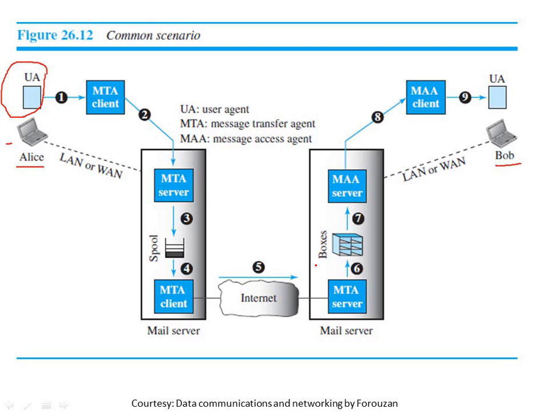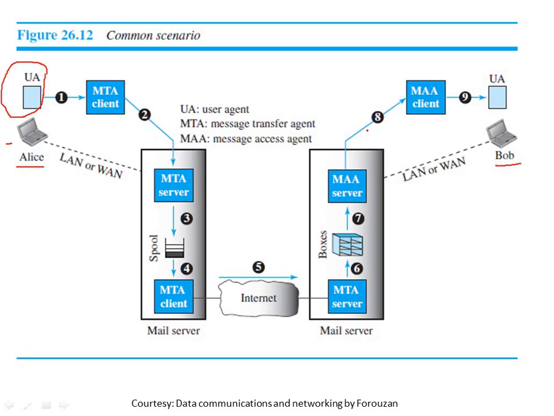This box is called a mailbox, and this mailbox is associated with the mail access agent. Now Bob is supposed to access the email from his mailbox, and that is why it is called mail access.